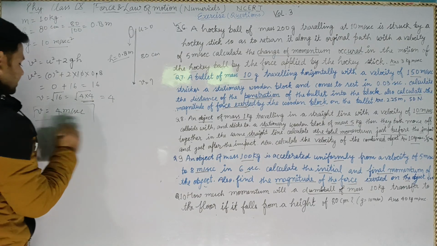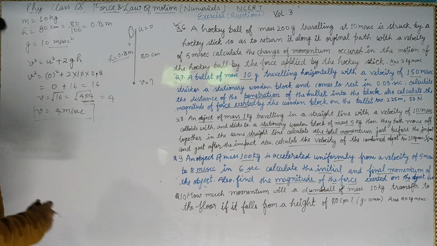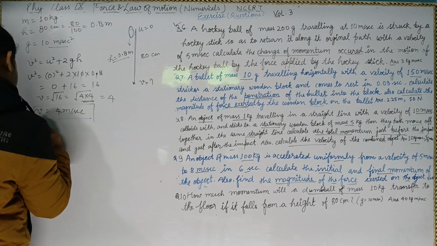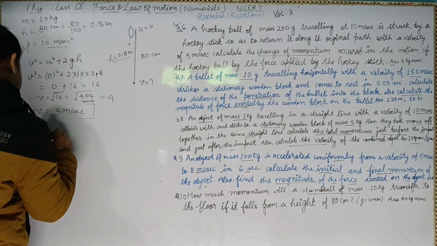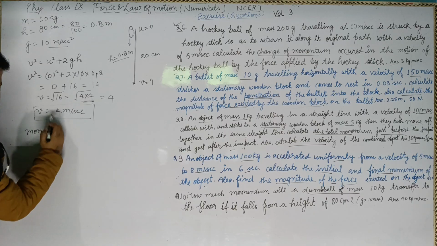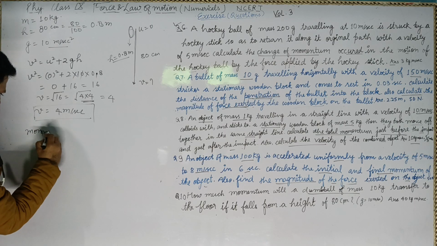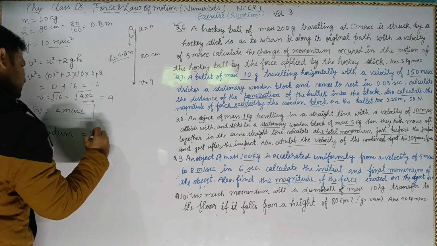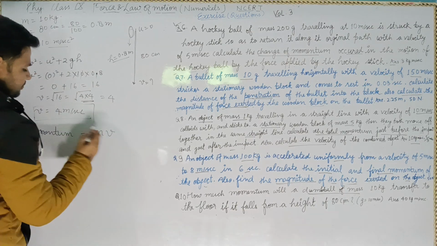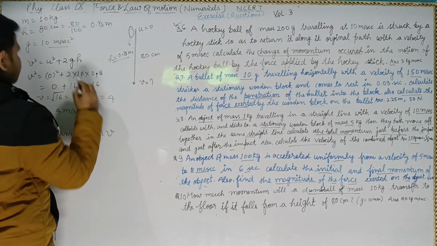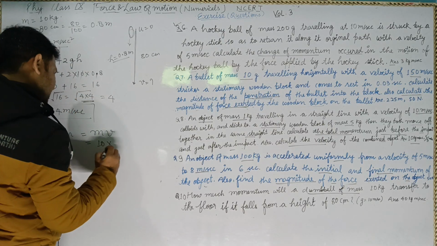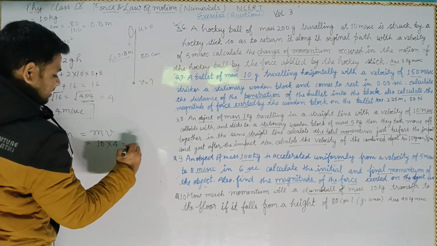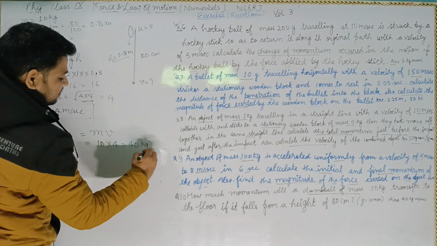Now we have to find the momentum. We know that momentum P equal to m v, and mass is given 10 kilogram and velocity v is 4, that is 40 kilogram meter per second.